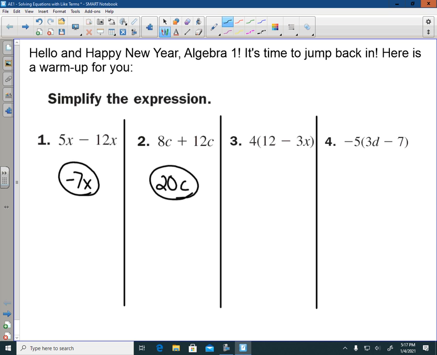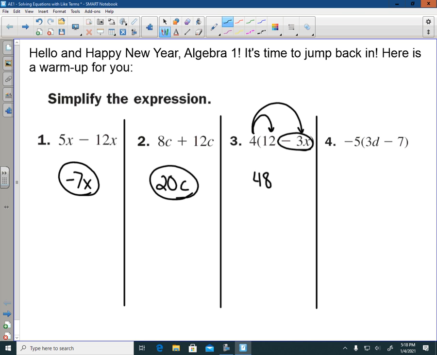Notice there's a 4 snugged up right next to that parentheses on the left side. That's the 4 that we're going to use to distribute. We're going to take this 4 and we're going to multiply it by 12. 4 times 12 is 48. And then we're going to take this 4 and also multiply it by the second term and the sign that's in front of it.